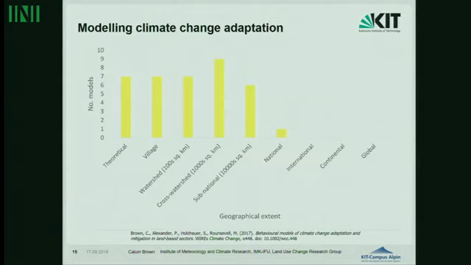Where these models exist, they also tend to be at fairly small scales. We found one model at a national scale and absolutely none incorporating these sorts of behavioral processes at larger scales. So there's no way of translating our knowledge of decision making in the land system up to really globally relevant scales here.